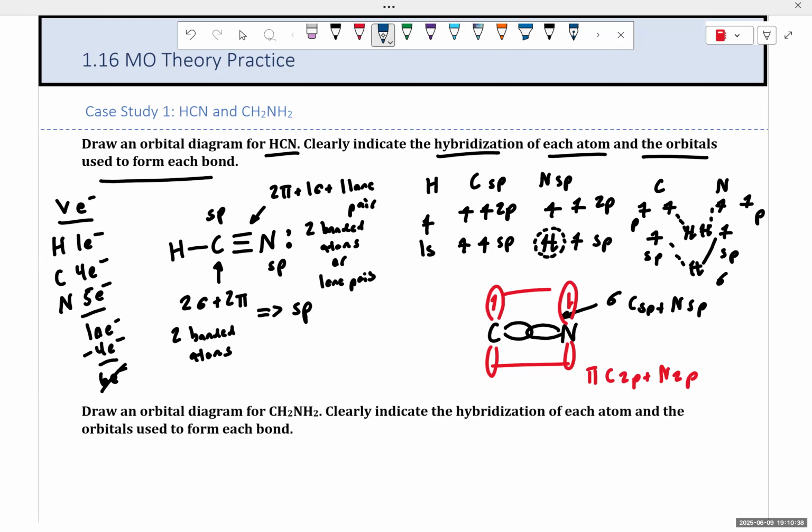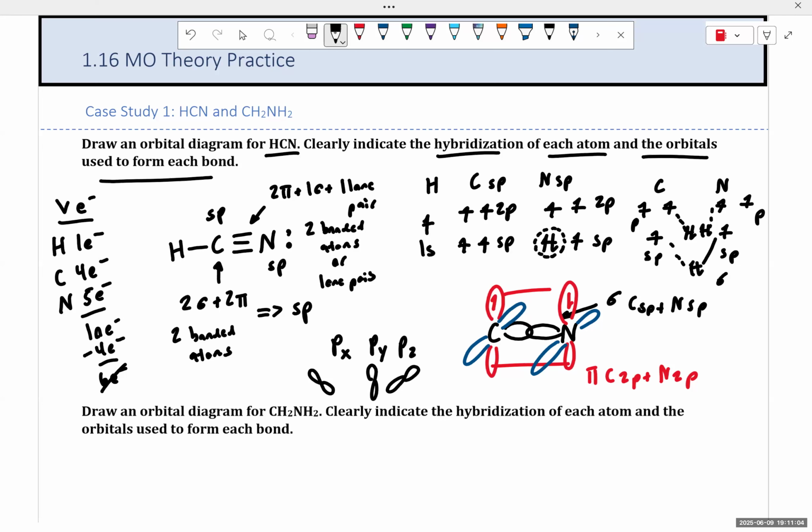Our last pi bond is also perpendicular to the bond axis. One thing I'd like you to note, and one thing that I discussed briefly, is that the p orbitals are arranged along different axes, right?